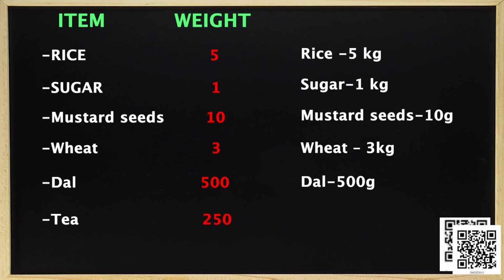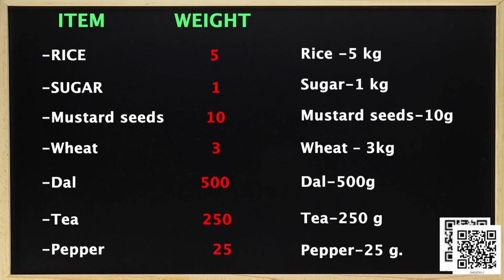Tea 250. They have purchased tea in gram, that is 250 gram. Pepper 25. So, they have purchased pepper in gram, that is 25 gram. Dear students, now make a list of things that you purchase in gram and things that you purchase in kilogram.